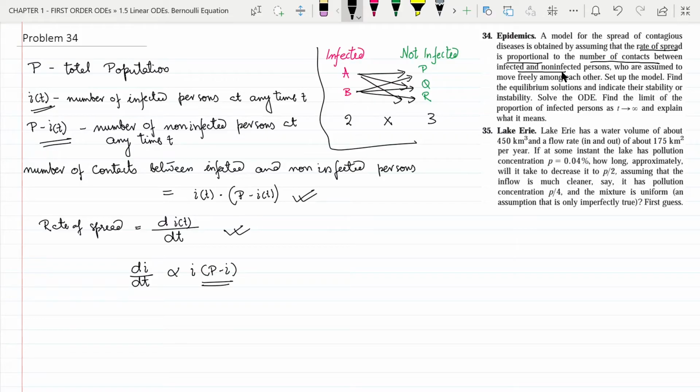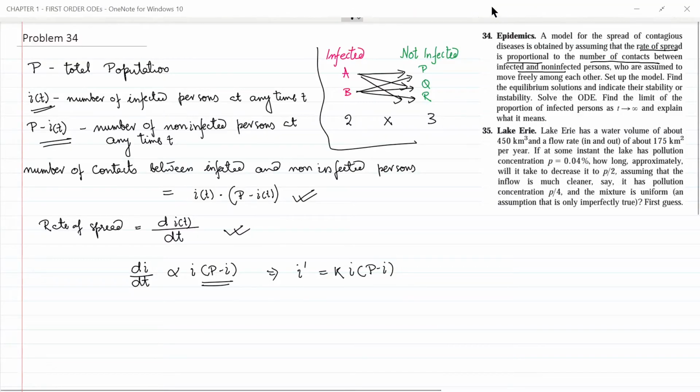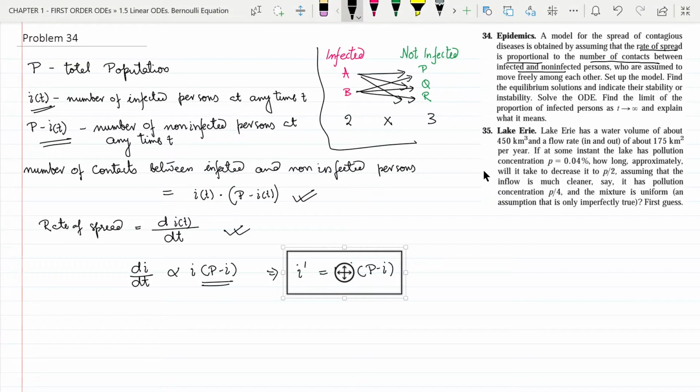This represents the number of interactions or contacts between infected and non-infected persons. Now we can introduce a constant of proportionality, and we can write I dash, which is the same as dI/dt, equal to k I (p minus I). So this is the differential equation that we have formulated.